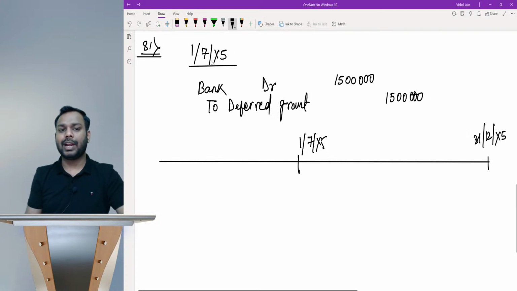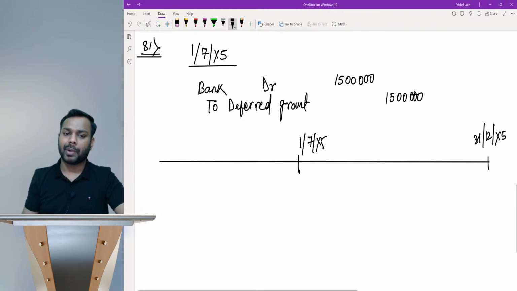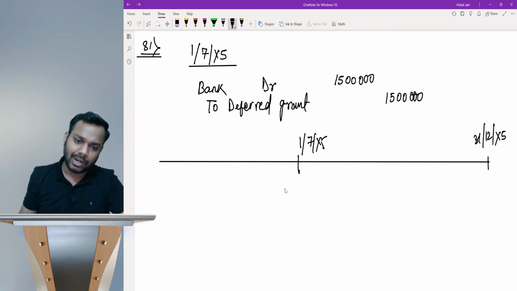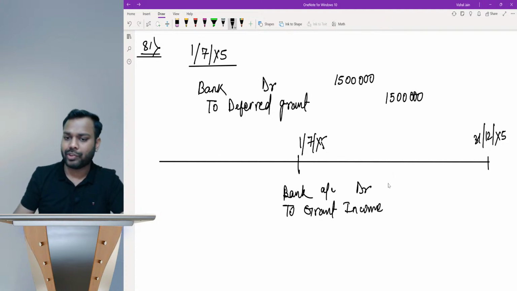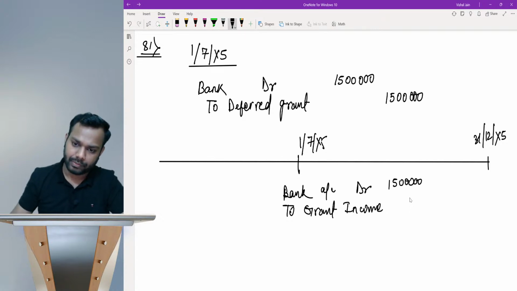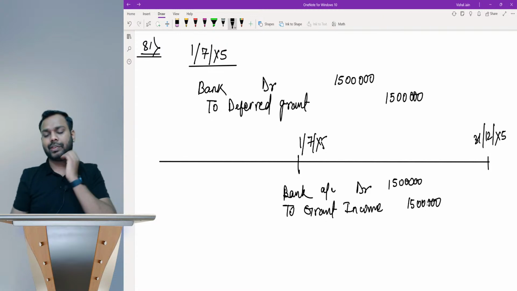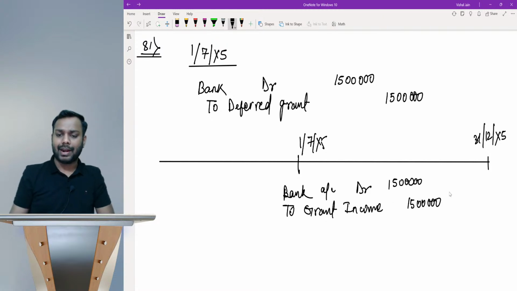Ideally on 1st July 2005, this entry was supposed to be passed, but the accountant passed this entry: bank account debit to grant income, which was wrong. But now the question asks you, how will you correct the accounting treatment on this date?